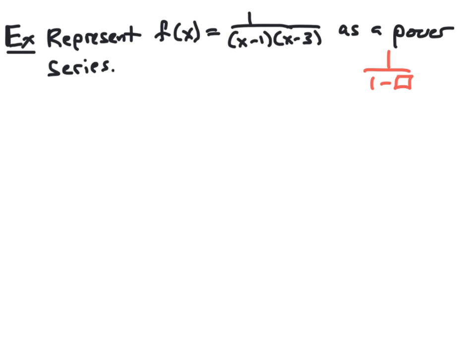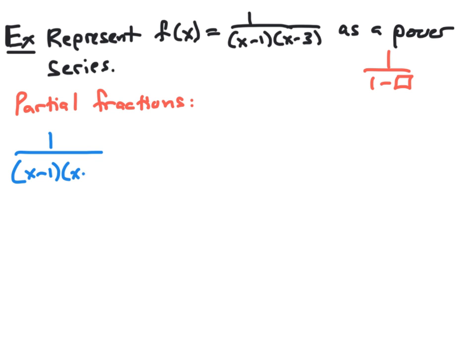Fortunately, since we have a rational function here, we can rewrite it using partial fractions in a way that will let us have rational functions with simpler denominators that we can manipulate in the way that we want. And so here, we'll leave the details to the viewer to confirm this partial fraction decomposition.